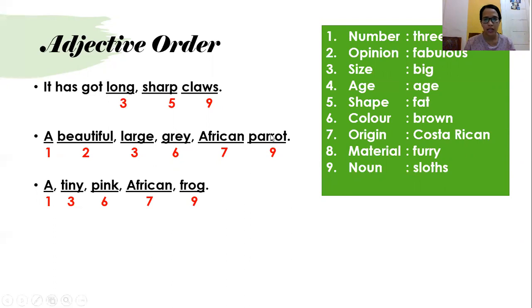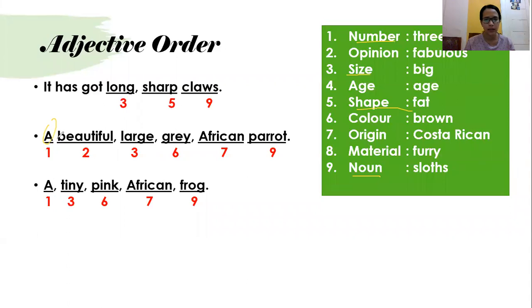Okay, long here belongs to size. Sharp here is the shape, and claw is the noun. So it has got long, sharp claw. What is being described? The claw. Okay. Next, number 2. A means number 1, right? We don't usually use one beautiful, we usually use a as 1.